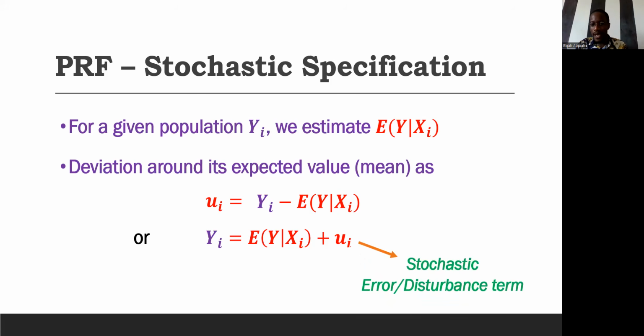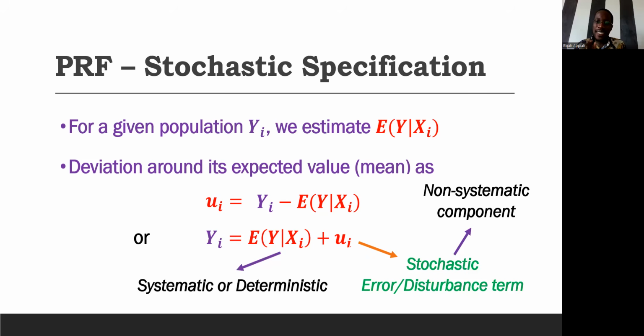So the U term is what we refer to as the stochastic error term, or the disturbance term. Stochastic error term, stochastic disturbance term. We have a lot of technical terms today in the regression model. This error term is what we call the non-systematic component of the model. Somehow we'll have to get rid of it.